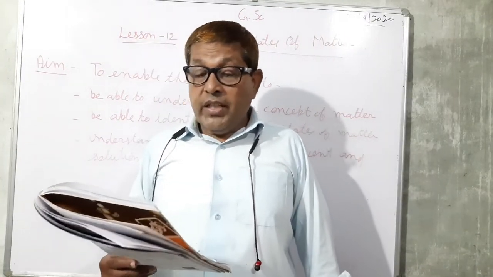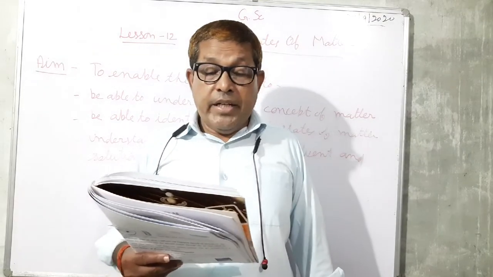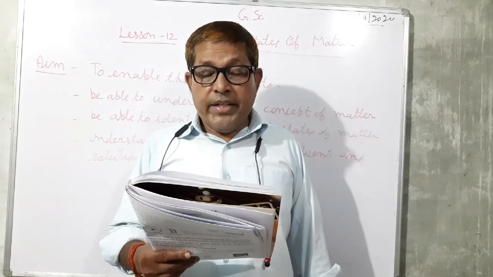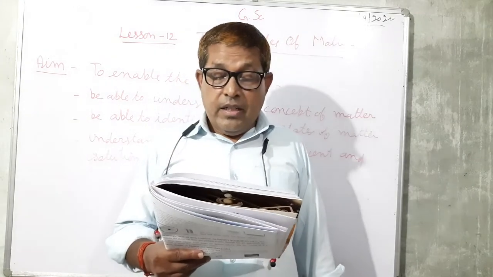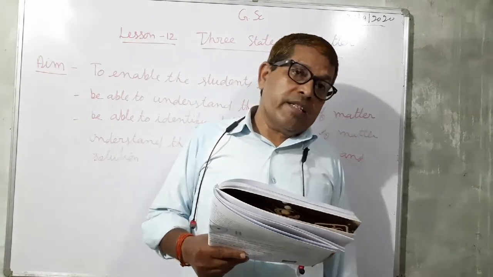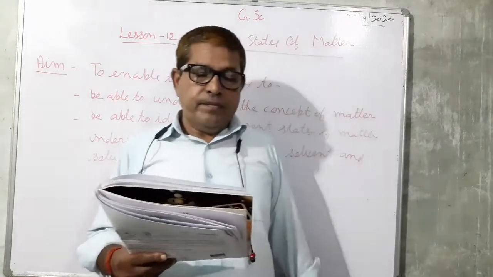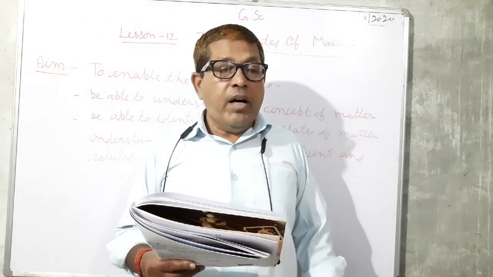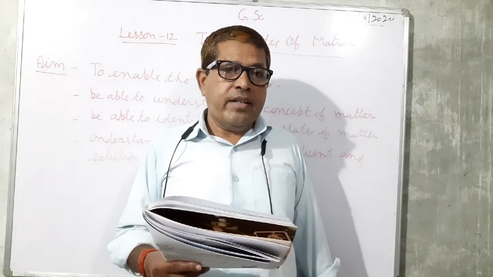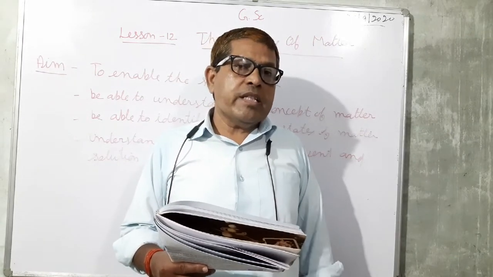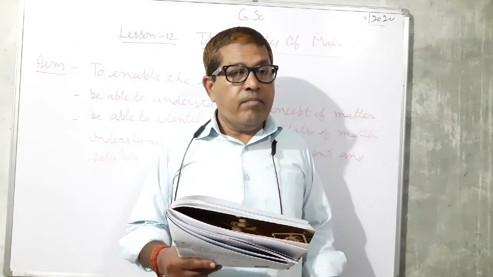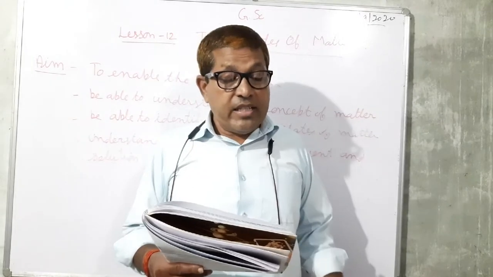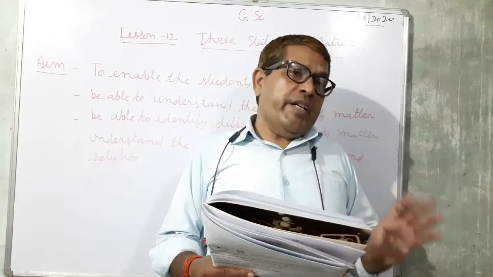So we can start reading. Matter is anything that has weight or mass and occupies space. Anything having mass or weight and occupying space is called matter. Everything around us is made up of matter.